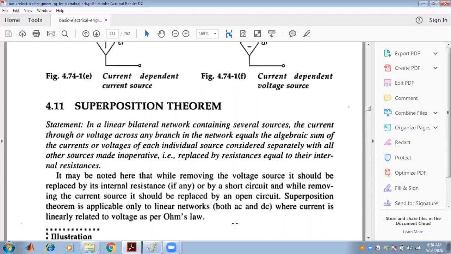It may be noted here that while removing a voltage source, it should be replaced by its internal resistance if any, or by a short circuit, and while removing a current source, it should be replaced by an open circuit. The superposition theorem is applicable only to linear networks, both AC and DC, where the current is linearly related to the voltage as per Ohm's law.